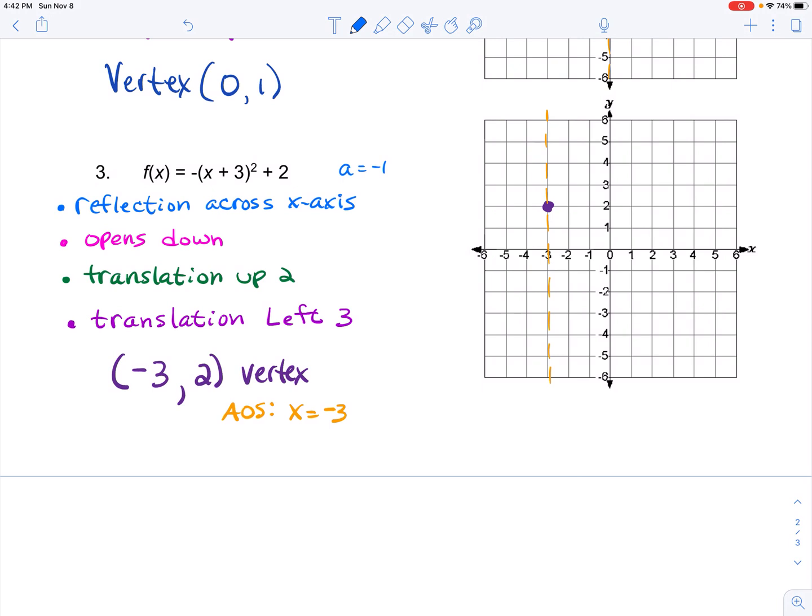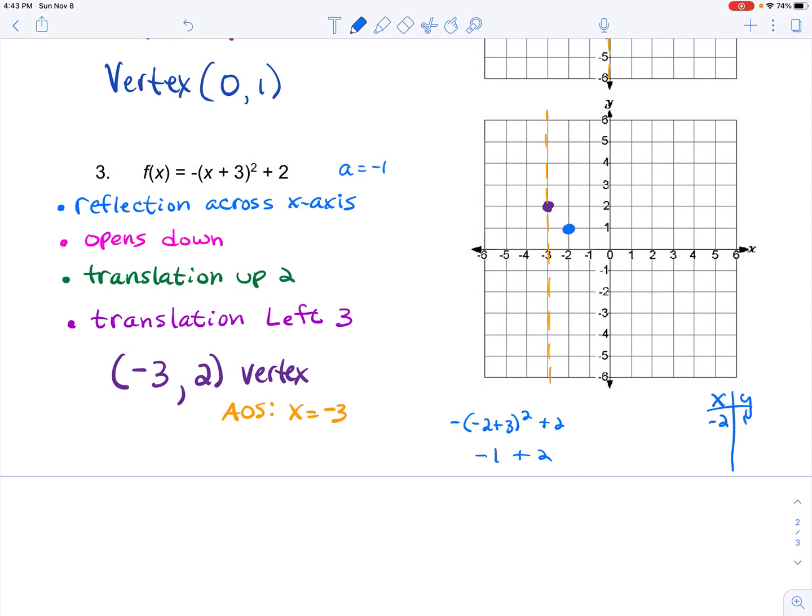If I make x equal negative 2, it will look like this, plus 3 squared plus 2. If you want to put a little xy table to help, if x is negative 2, what does y become? So we have negative 2 plus 3 is 1 squared times negative 1, that's negative 1 plus 2, so negative 2, 1. So let's plot negative 2, positive 1.